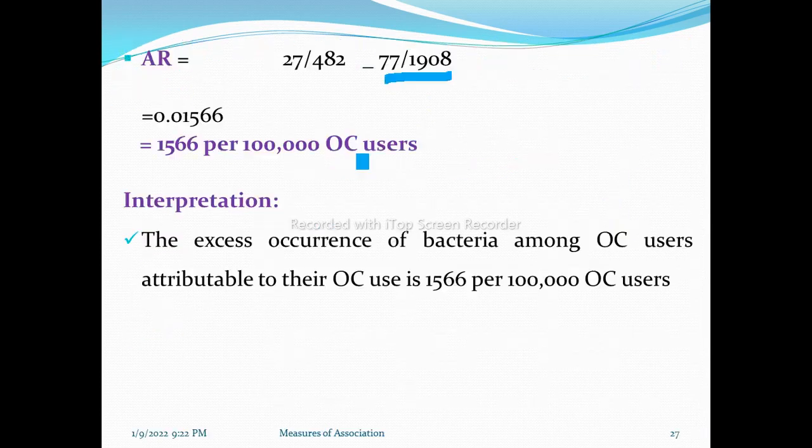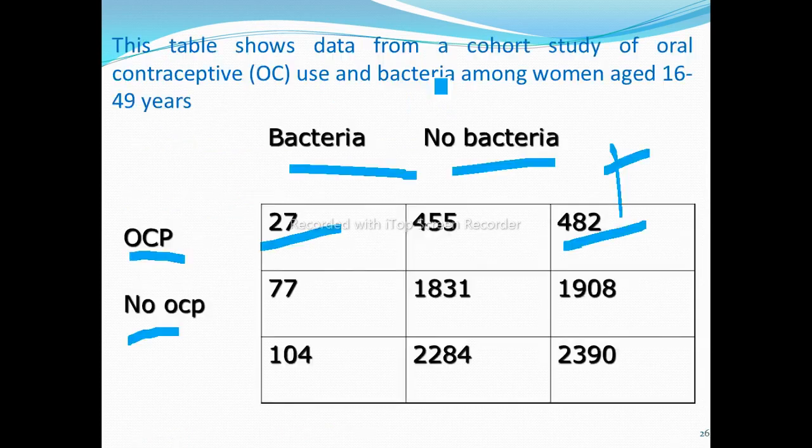This is the incidence of bacteria in the non-exposed group, 77 over 1908.